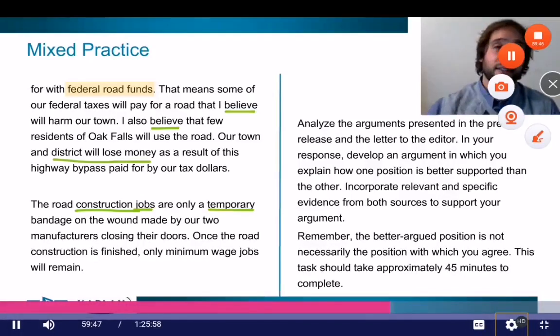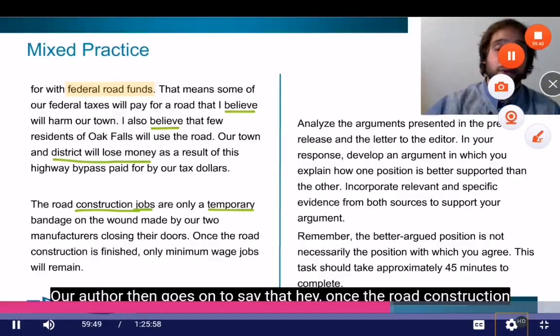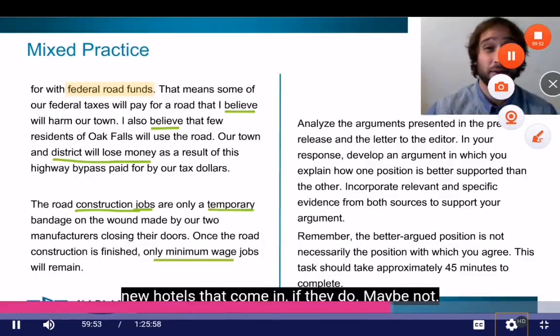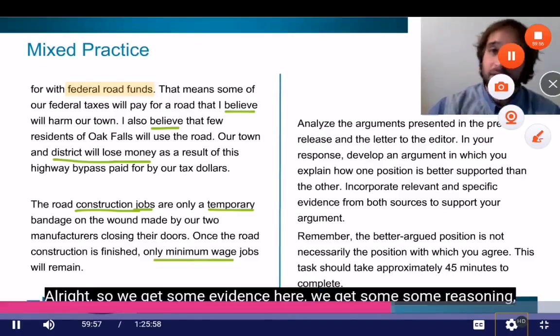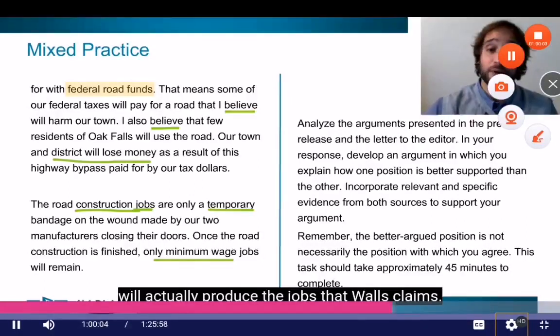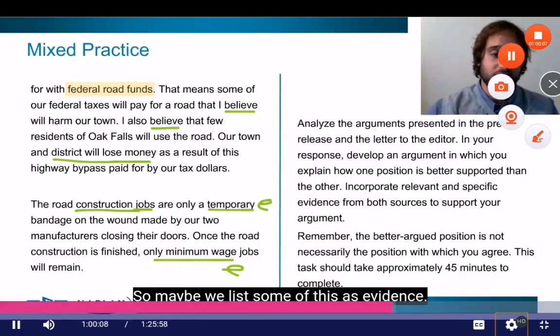Okay? Our author then goes on to say that, hey, once the road construction is finished, we'll only have minimum wage jobs, maybe at the new hotels that come in. If they do, maybe not. Okay, so we get some evidence here, right? We get some reasoning, some logic here about whether or not this will actually produce the jobs that Walls claims. So maybe we list some of this as evidence.